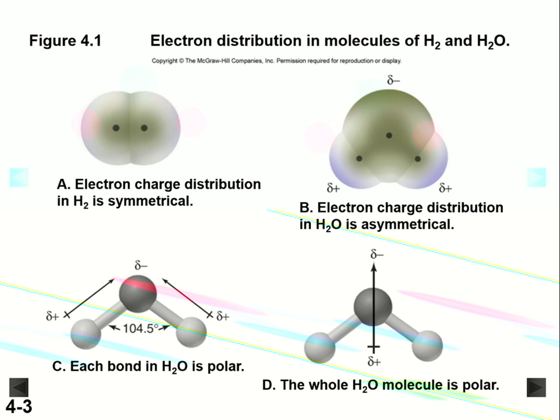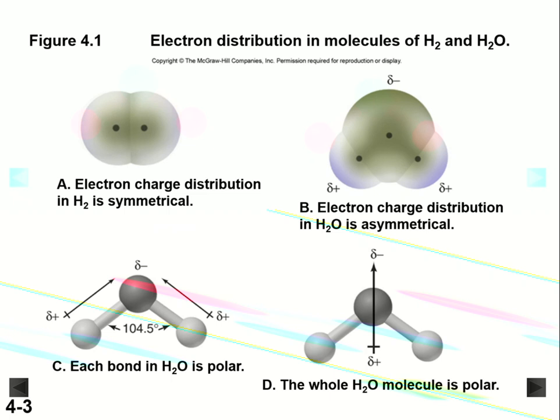For water, in contrast, water turns out to be a bent molecule. It exists at an angle of approximately 104.5 degrees, where the oxygen is in the center and the two hydrogens come off of the oxygen atom. And the molecule being slightly bent ends up being what we call polar. That is, if you look in the upper right-hand corner, the oxygen atom is drawn in red, and the hydrogen atoms are drawn in blue.